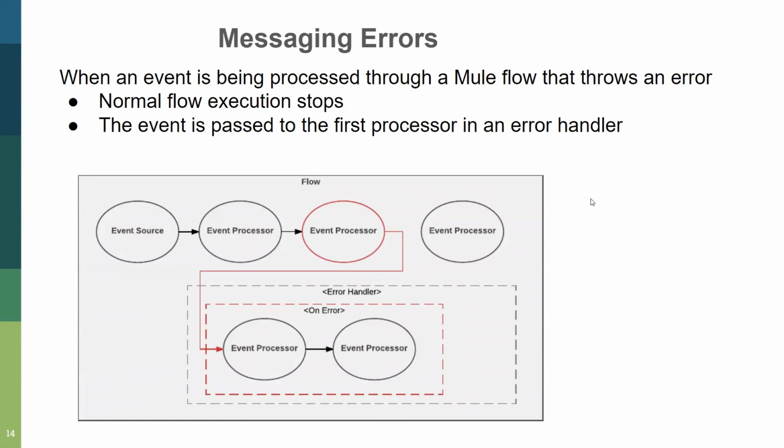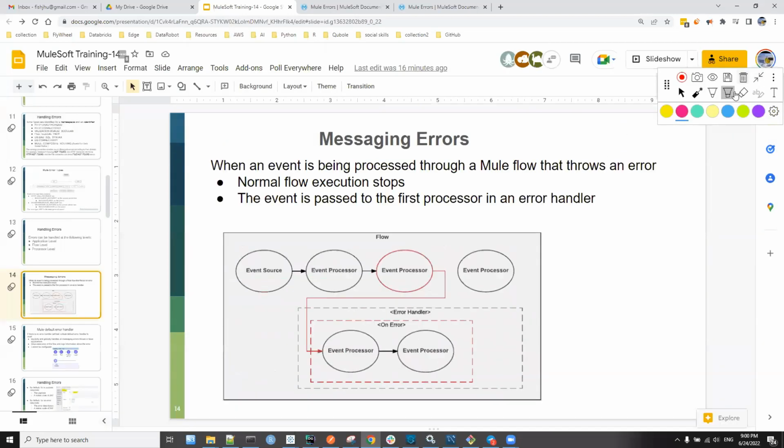So this slide, to just summarize, shows that when there is an error, the error propagates to the error handler. In the error handler, we can have different processors, and the processors in the error handler are executed. What is coming in is red, but what comes out could be green or red.